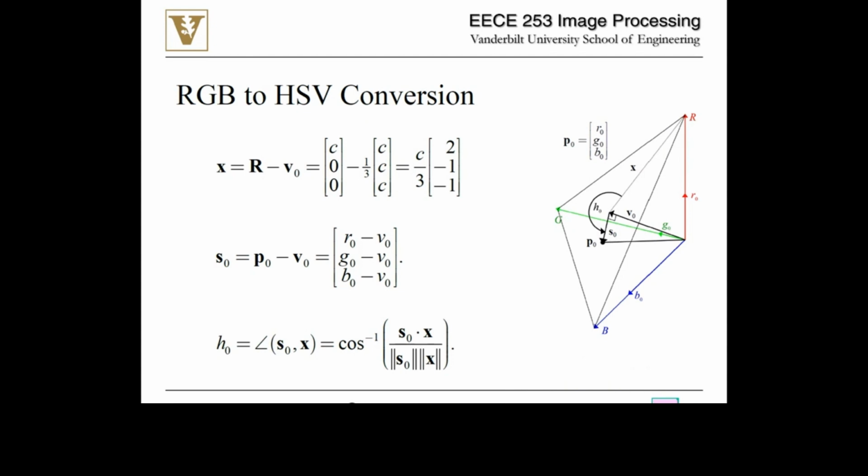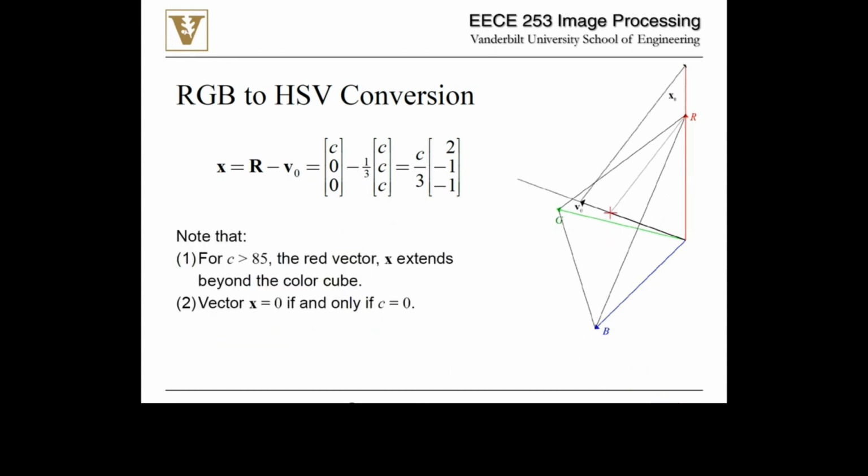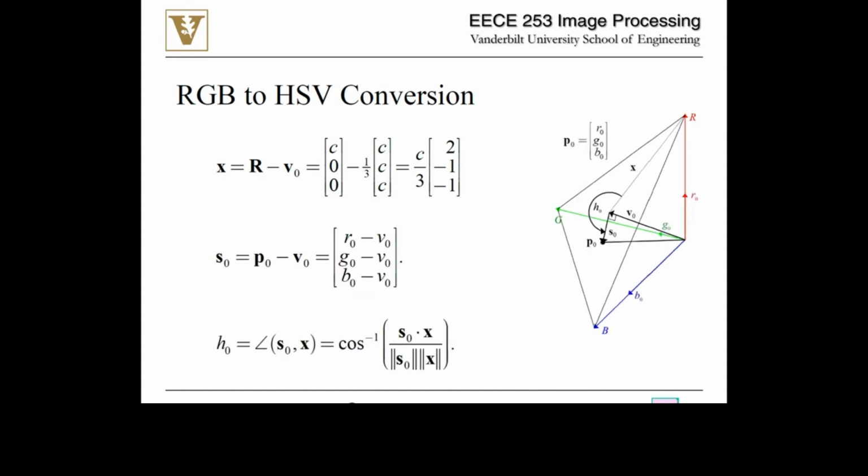So given any color, this vector is unique. And this one is the one that we had from the previous slide. And then I simply have to compute the angle between the two. So it is the arc cosine of this dot product divided by the length of the two. Okay. So these are the instructions that you could follow to make the transformation.